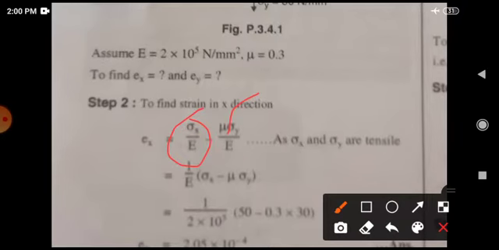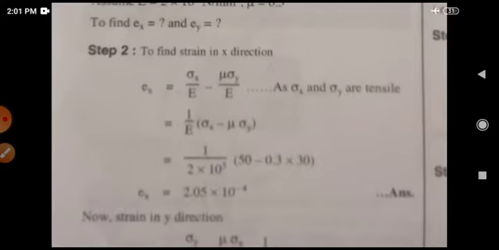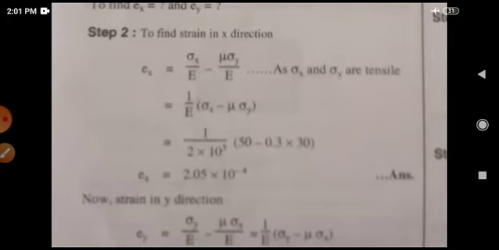Leaving mu, the sigma y upon E is the strain in the direction of y. By multiplying it with mu and subtracting it from the strain in x direction, you will get the total strain in x direction.